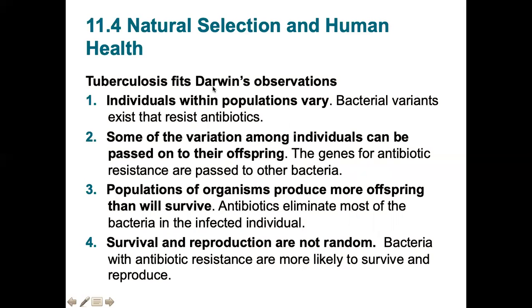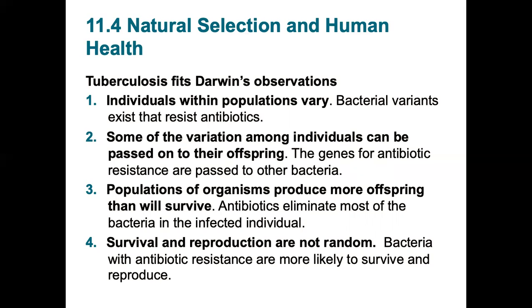So again, with the bacteria, there were some that were slightly more resistant, and when you apply the antibiotic, the susceptible, weaker bacteria, for lack of a better term, they're called susceptible, are destroyed.